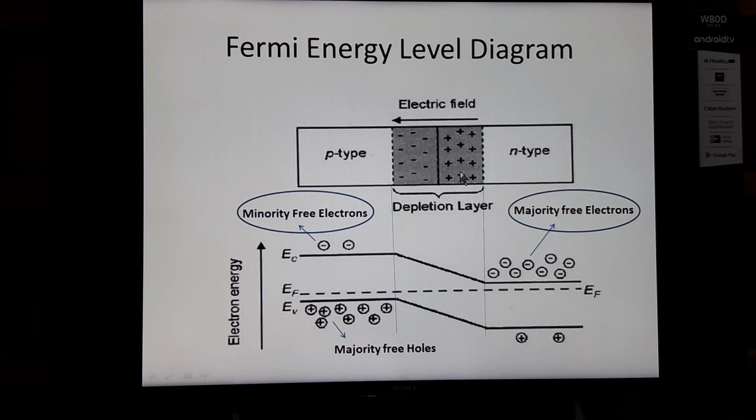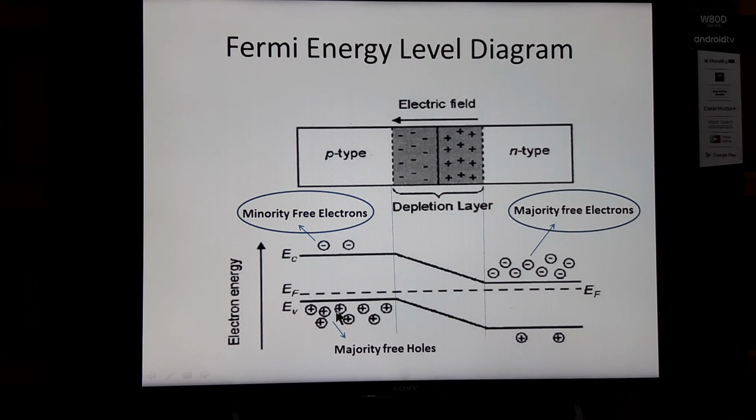Here we consider the Fermi energy level position for an unbiased PN junction diode. We note that in the neutral n region of the n-type material, there exist majority electrons, free electrons in the conduction band, and few holes, that is minority carriers, in the valence band of the n side.